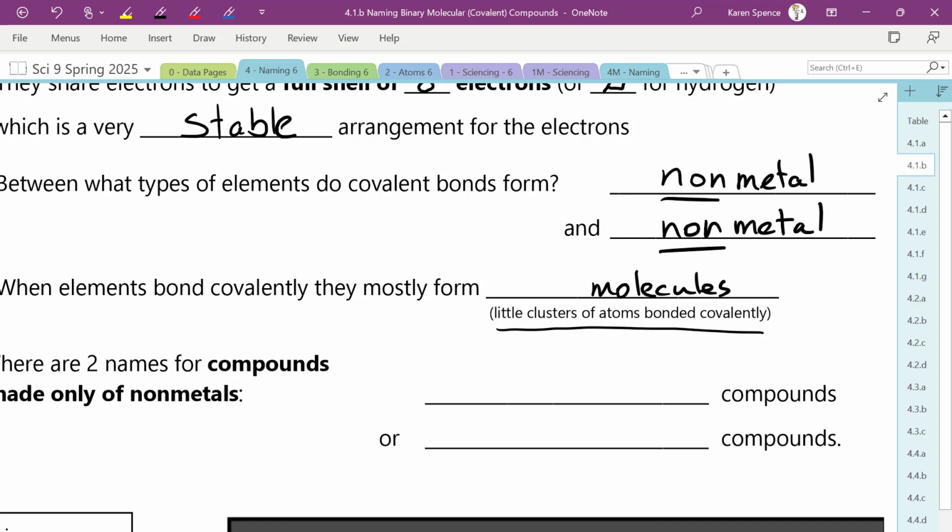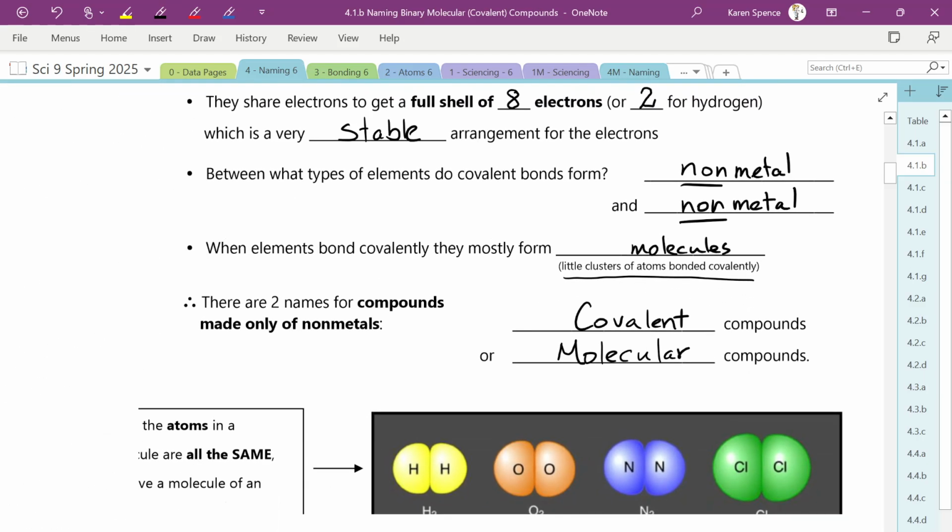What are those 2 names? Covalent compounds. And the other name is? Yeah, we're just going to write molecular compounds because binary just refers to the number of atoms. Molecular compounds.